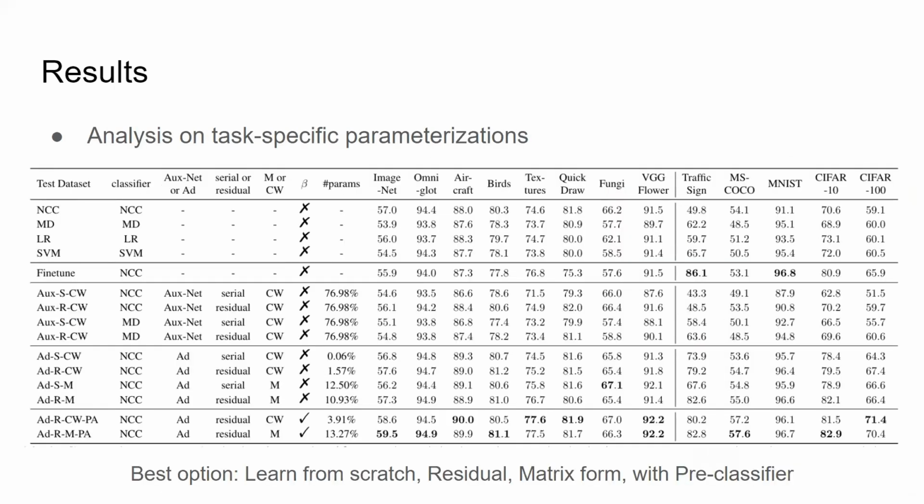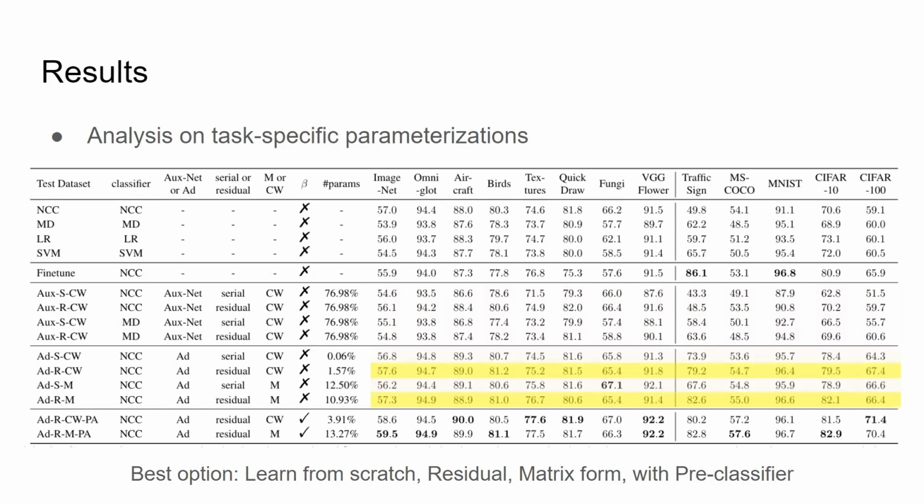This is the result for various task-specific options. Among classifiers, NCC is the best for seen domains and SVM is the best for unseen domains. The result shows that training weights directly is better than estimating its parameters using an auxiliary network. Among two connection types, residual connection is better than serial, especially in unseen domains.